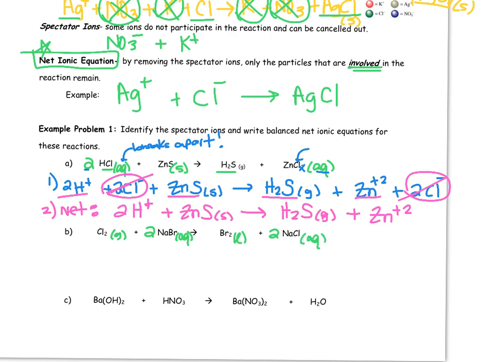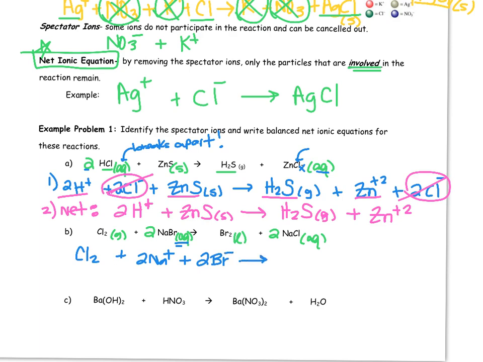So then we're going to go back in and we're going to write the complete ionic equation based on everything we have. Remember, gases, solids, and liquids stay together. So Cl2 stays together. I'm going to break apart the aqueous. So 2 sodium ions, which are +1, and 2 bromine ions, which are -1.